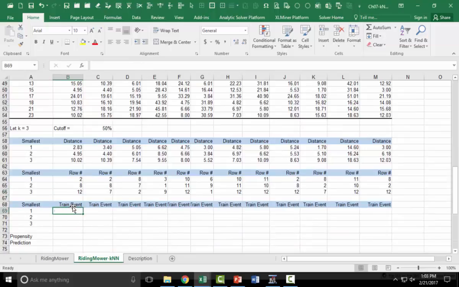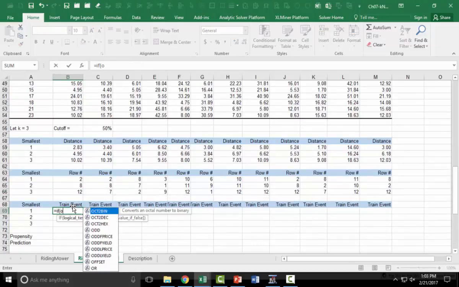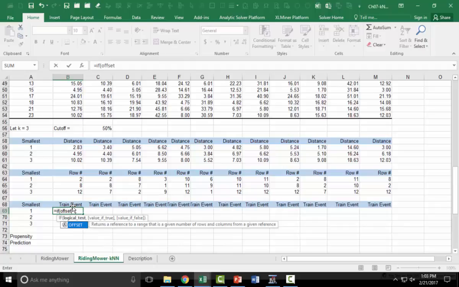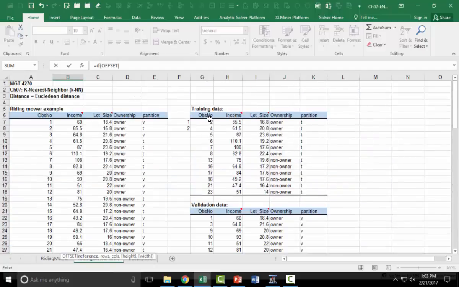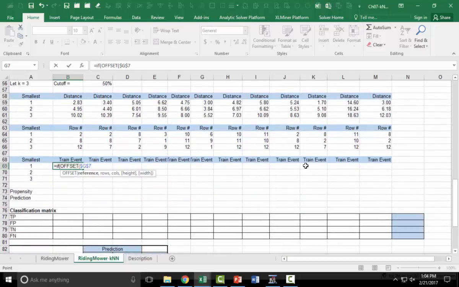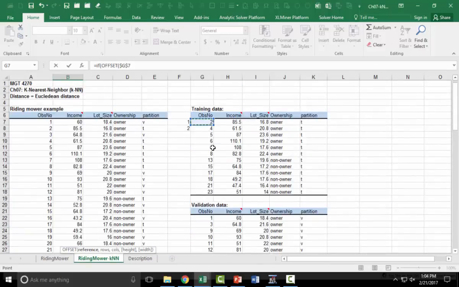So we start with an if, and then we do an offset. Now offset starts from a particular cell. Suppose that's the cell that you want to start out with, so that will be G7, and you always start counting from there, and how many cells down we want to go, how many cells across we want to go.